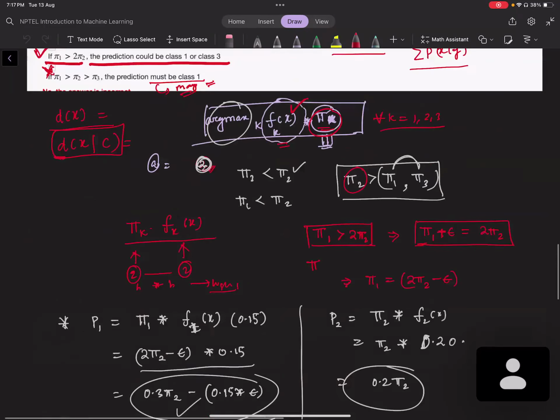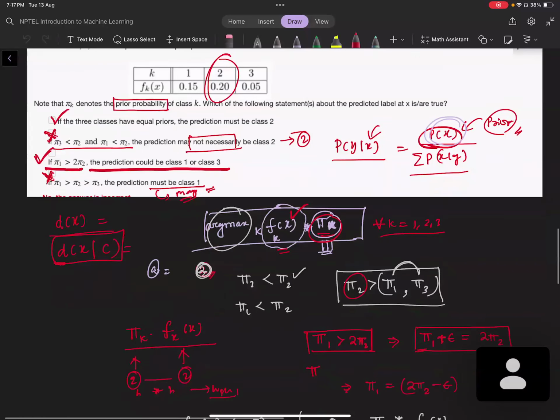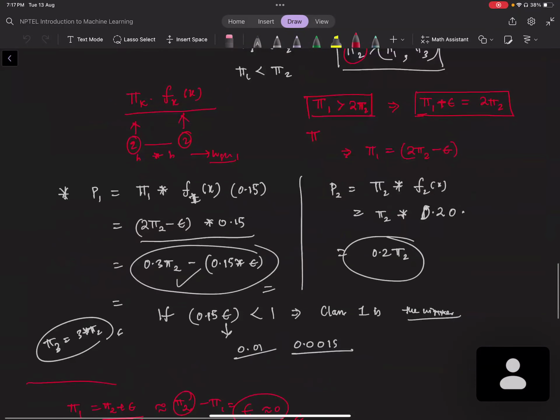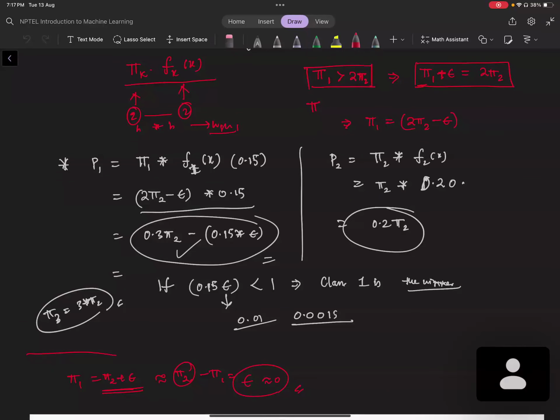If you want to see the 5 answer, it is A and C. Okay, so I'll just go to the next question now. Do you want to see the solution, or do you just want to see the answers? No answer.